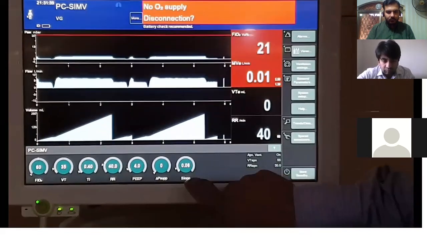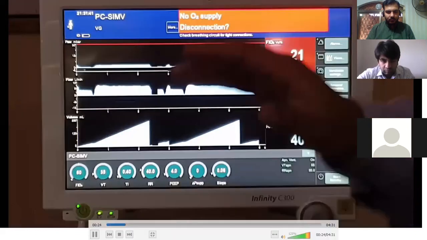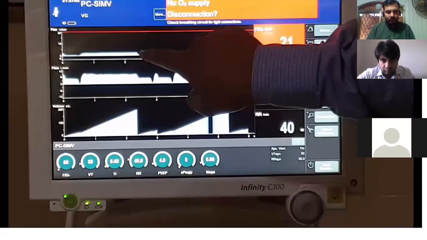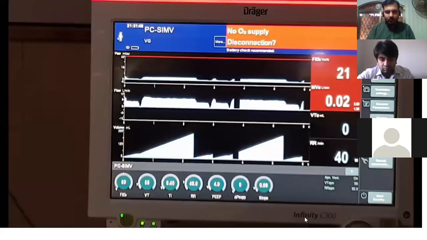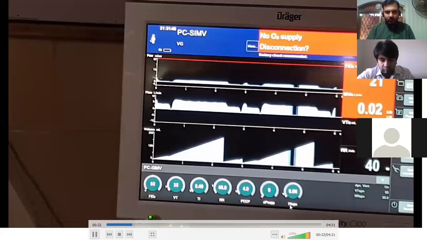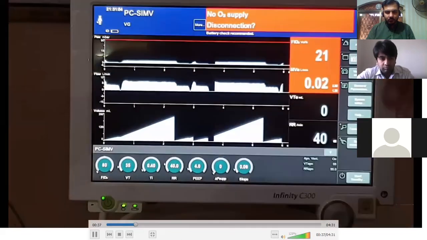So upon this setting, when the baby is ventilated, we will see a pressure graph. This pressure graph will show the cycle of the peak inspiratory pressure, and it will also show the volume cycle of this ventilation.